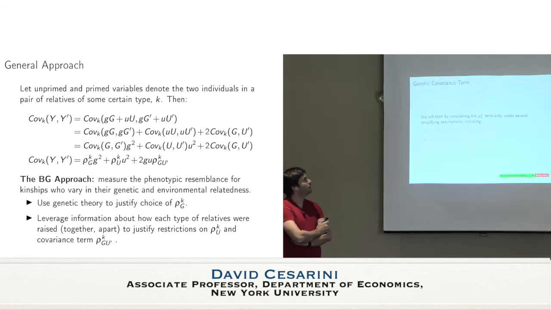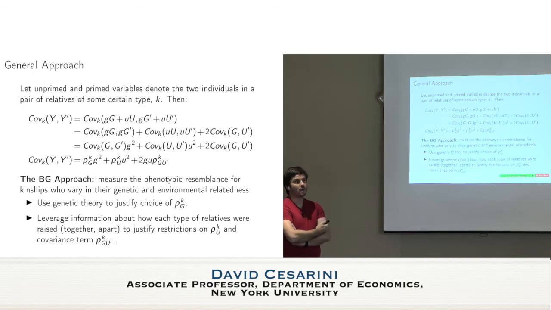Okay. So I'm going to proceed in a slightly funny way by just starting by focusing on the genetic correlation, and I'll be doing so in order to make the point that if you formulate a model where the only source of resemblance between any pair of relatives is due to their genetic relatedness, you can often explain the data pretty well, but I start there to make the point, and it's something you'll hear me emphasize many times.